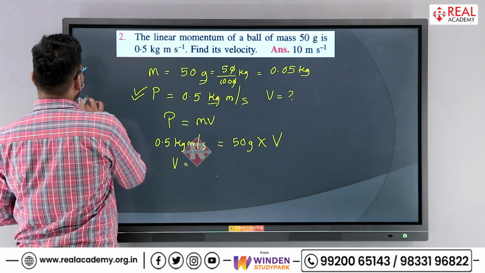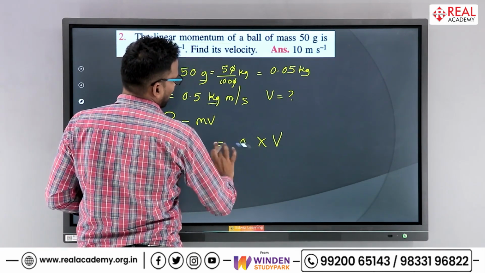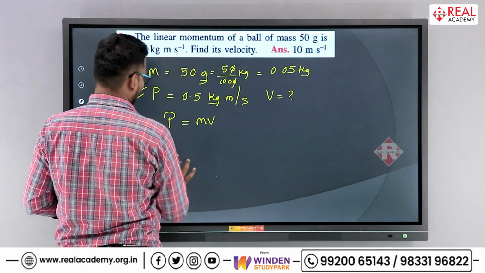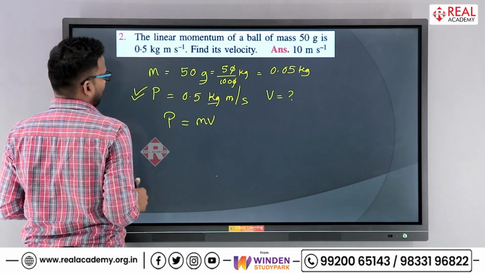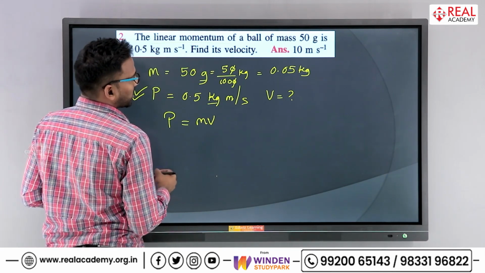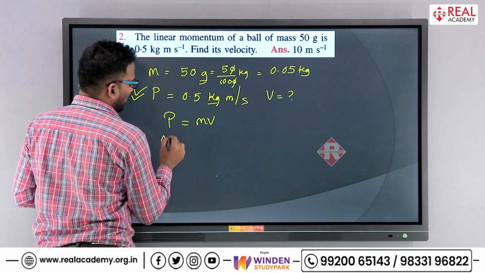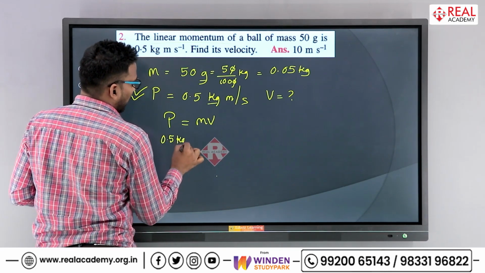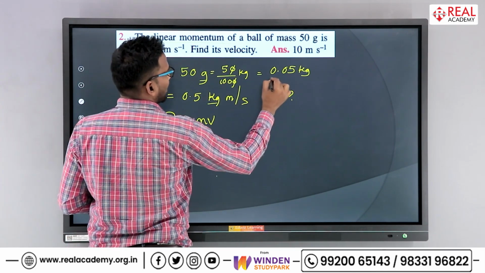Just simply substitute the values. Now after conversion, let us insert the values. What is momentum? Linear momentum is 0.5 kg meter per second. What about mass? Mass is in SI unit.